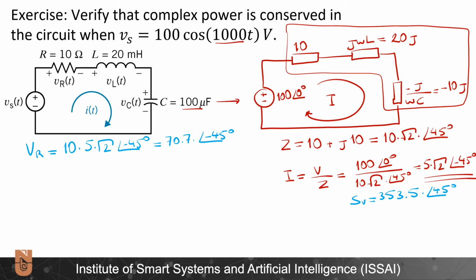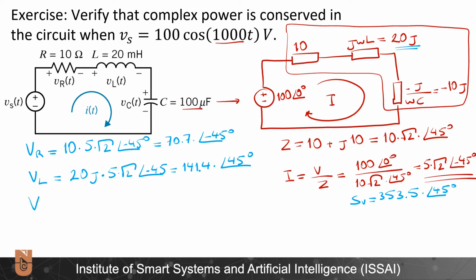And secondly, the voltage phasor for the inductor is equal to jωL, which we found here already, the impedance of that element, 20j, times the current, 5 times square root of 2 at minus 45. I know that j corresponds to plus 90 degrees, so the result will be 141.4 at 90 minus 45, 45 degrees.